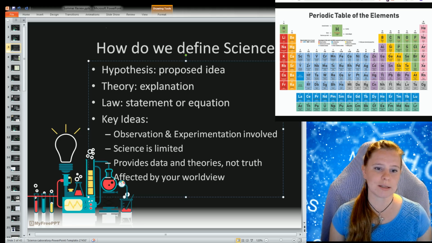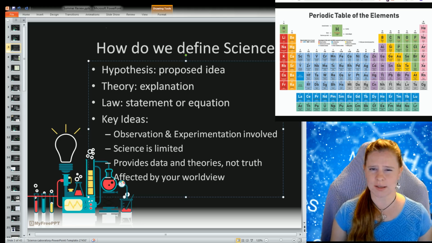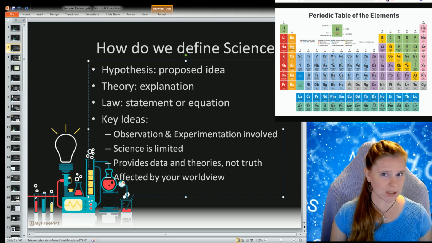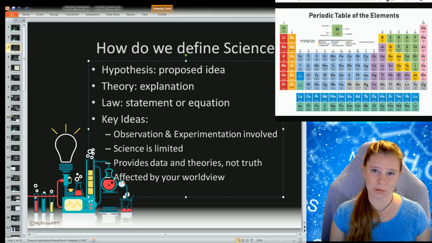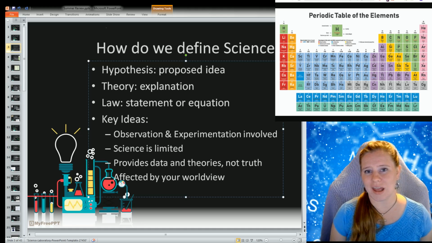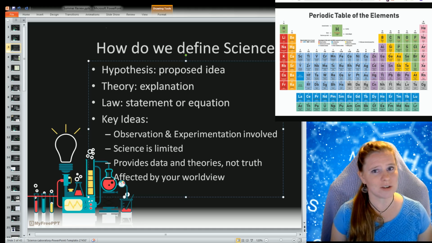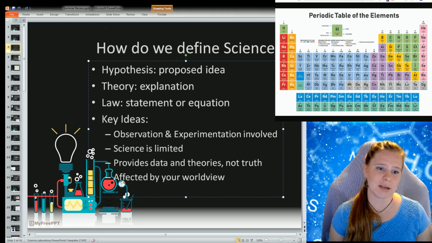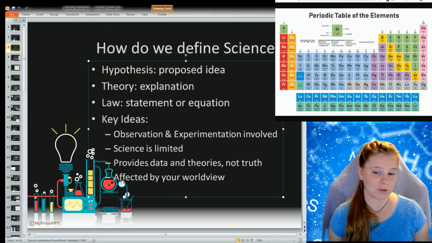And these are not necessarily explaining why, but they're saying this happens, and every time we look at it, this happens. So laws don't usually change. We have laws that we've had since the time of the Greeks, even maybe before that, and they haven't really changed since then. But that doesn't necessarily mean we know why they happen, just that they do.